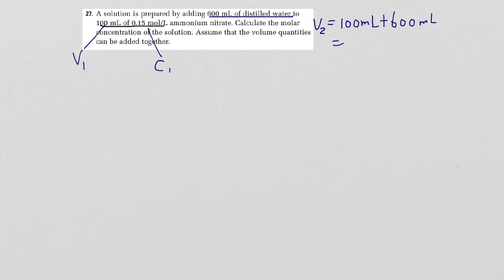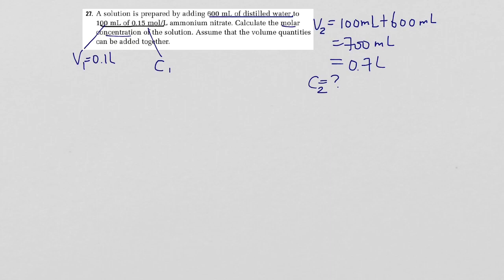That is 700 mils. So let's change that into liters, which is 0.7 liters. This is 0.1 liter. And they're asking you to calculate the molar concentration. So that means our question mark here is C2.